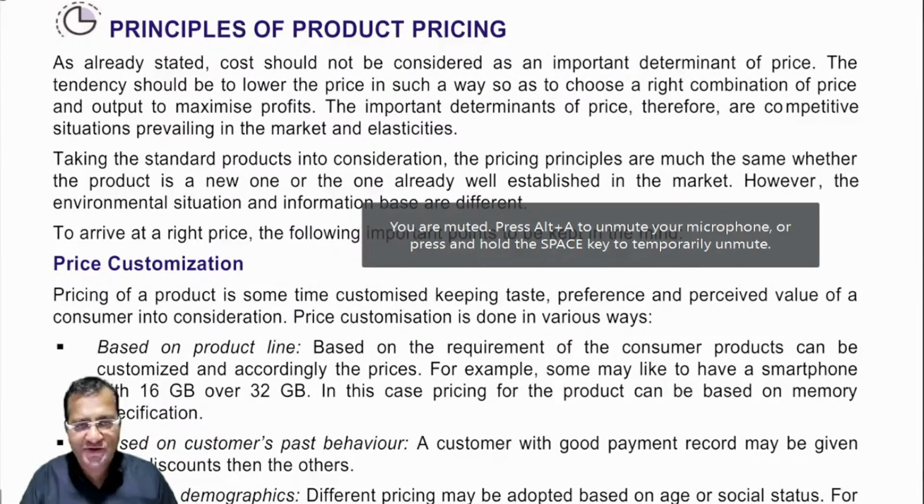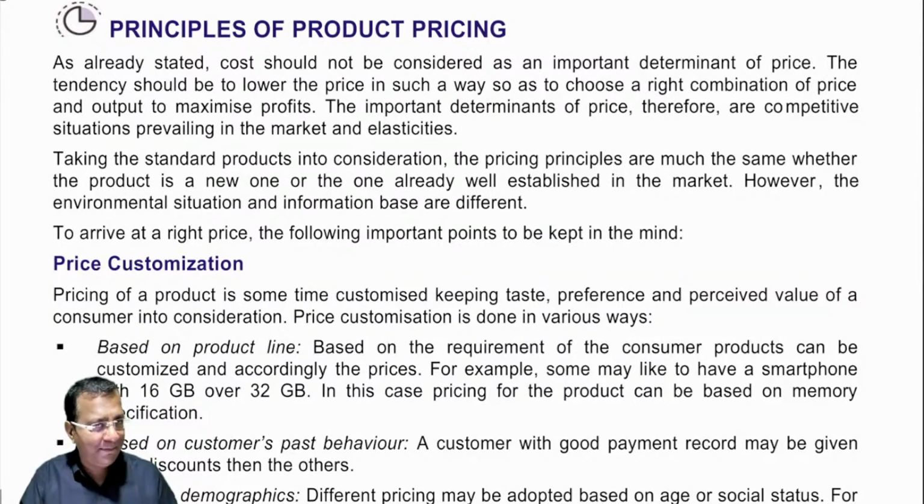So our objective will be to determine a price and its volume so that the profit of the organization keeps maximizing. And that price which maximizes the profit of the organization is known as optimum price.